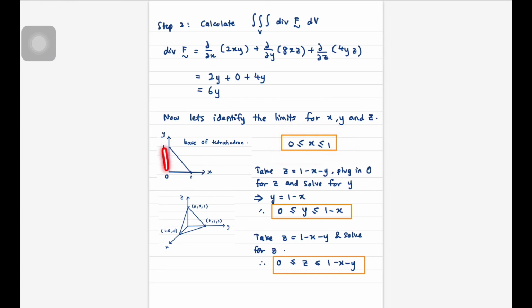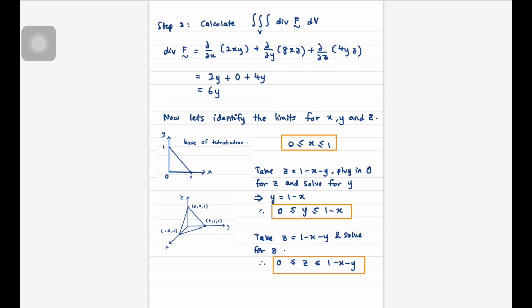But for y, it is also from 0 to 1, but the value of y depends on the value of x. For example, at x here, you get y here. At x value here, your y will be here. So the y value is going to be dictated by some function for y in terms of x.